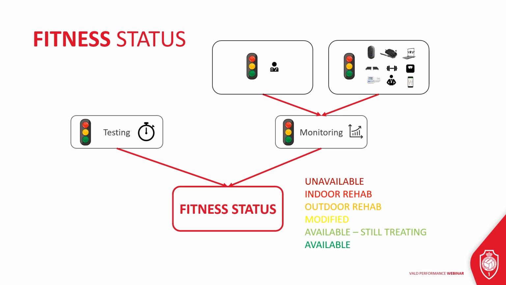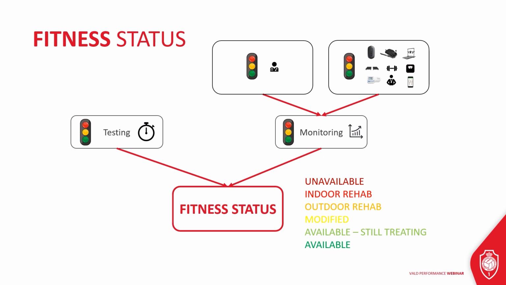This comes together in, of course, the monitoring part with a traffic light, green, orange, red. The same for the testing. So we bring together the data of the testing and the monitoring into one fitness status for every player. This is a more extended traffic light with 6 colors from unavailable to available.